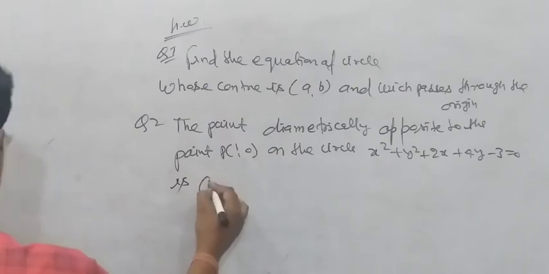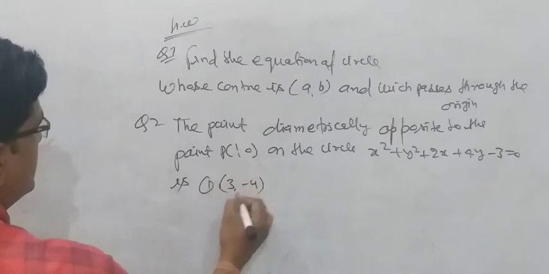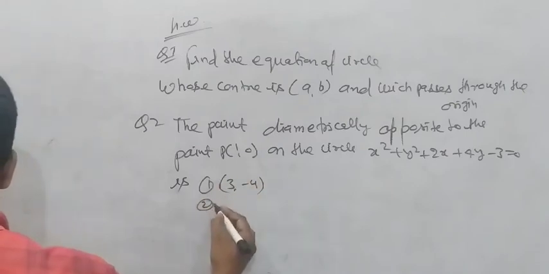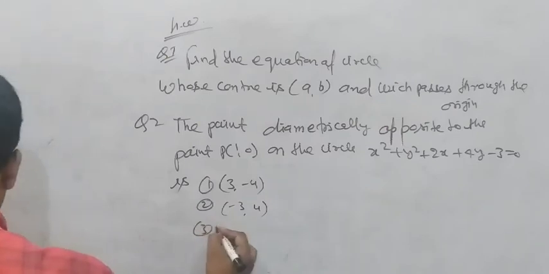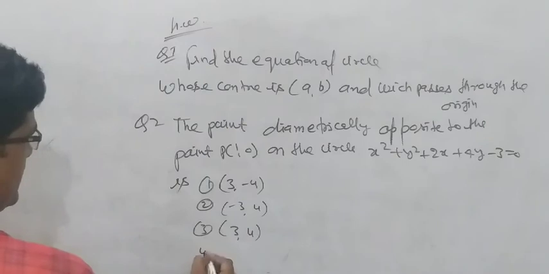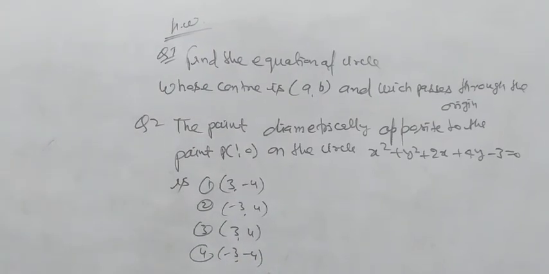Each option is given. First option is 3, minus 4. Second option is minus 3, 4. Third option is 3, 4. And fourth option is minus 3, minus 4.